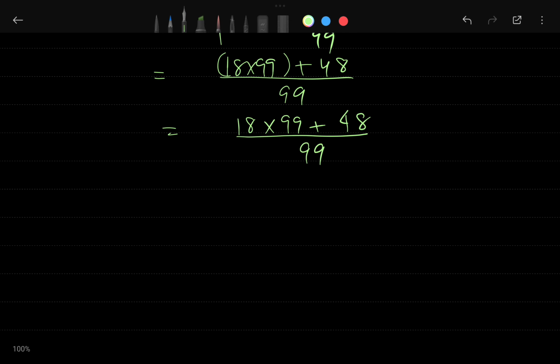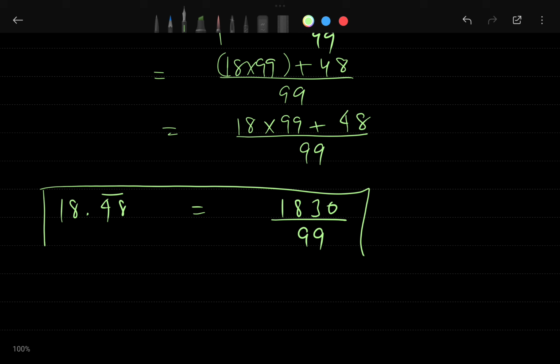If you solve it, you will get the p by q representation of 18.48 bar, and that would be equal to 1830 by 99. You can solve this particular expression and you will get this as the answer. So this is how you convert a non-terminating but repeating decimal, if it is pure recurring, into fraction form.